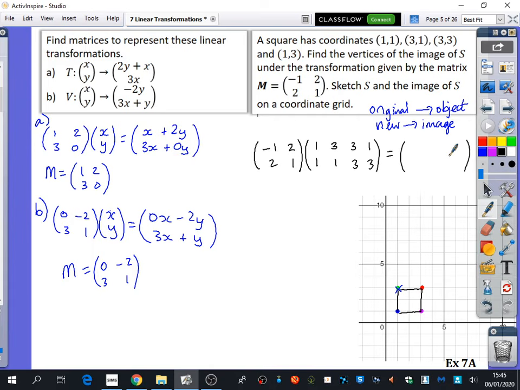So I've got a 2 by 2, and then I've got a 2 by 4. So that's -1, 2, 2, 1, 3, 1, 1. Anyone done that already?